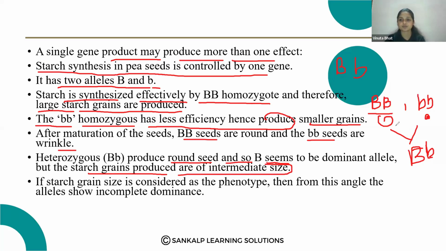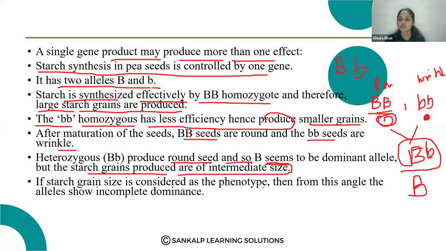So here the seed shape is round. Capital B means producing round seeds and large starch grains, and small b means wrinkled seeds producing small starch grains.